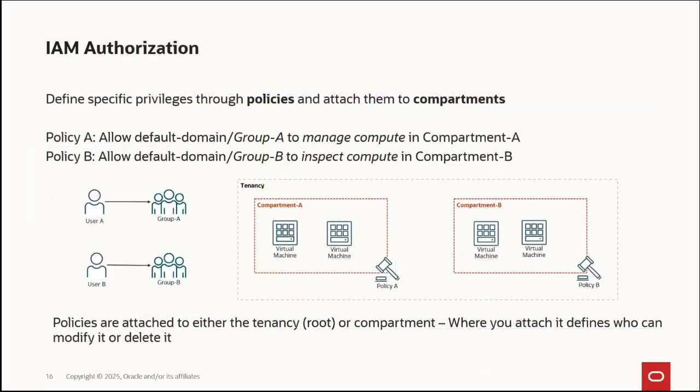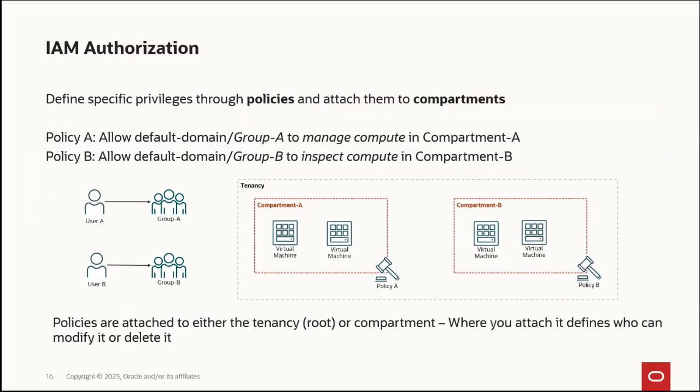Here are some more examples of policies. Policy A: allow group A to manage compute in compartment A. Policy B: allow group B to inspect compute in compartment B. So here we have compartment A and two VMs in that compartment. Policy A is attached to that compartment.